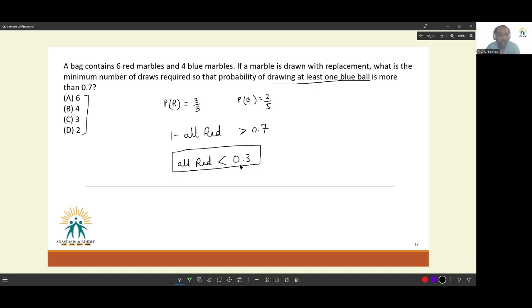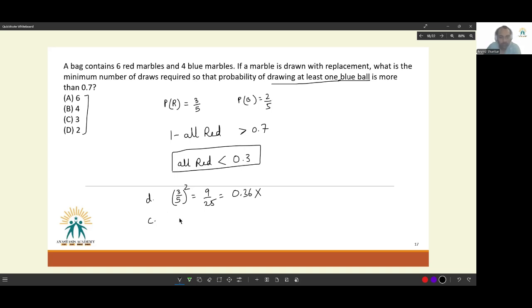So if there were two drawings happening, both of them being red, the probability is 3 by 5 square. Just checking for option D, 3 by 5 square, which is 9 by 25, which is equal to 0.36. No, this is not enough. We wanted less than 0.3.